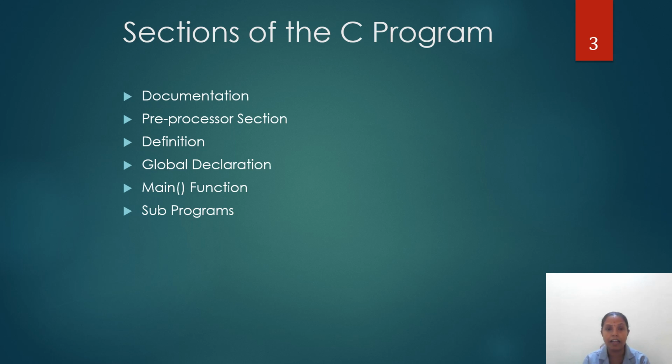It contains a declaration part and an executable part. The declaration part contains local variables, their initialization and declaration. The executable part contains other statements of the program. The subprograms are the sub-functions of the C program. These are the basic structure of the C program.